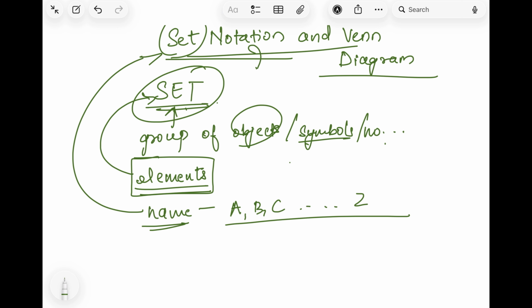So first we will understand the first part and then we will move towards the Venn diagram. So now till here I hope it's clear what is a set and what are the elements of a set and how is the set denoted.